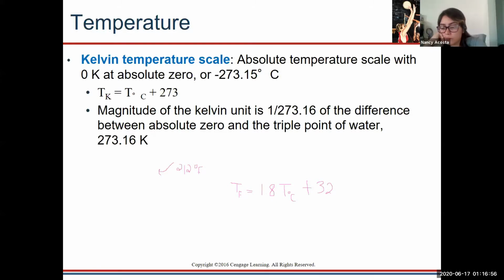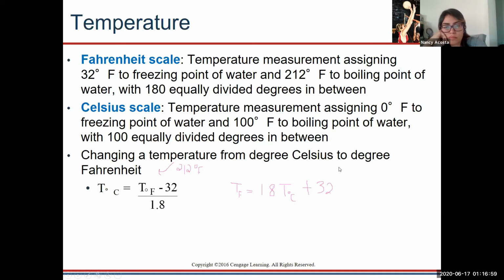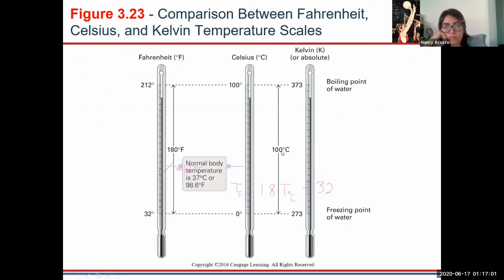Okay, so let's figure this out. Here's three thermometers. So we have one in Fahrenheit, we have one in Celsius, and we have one in Kelvin. And you can see how they relate to each other. You notice the change in temperature between Celsius and Kelvin are the same because it's being added.